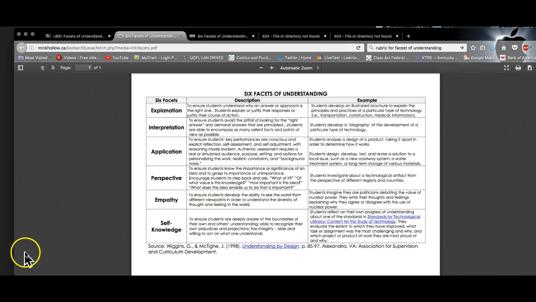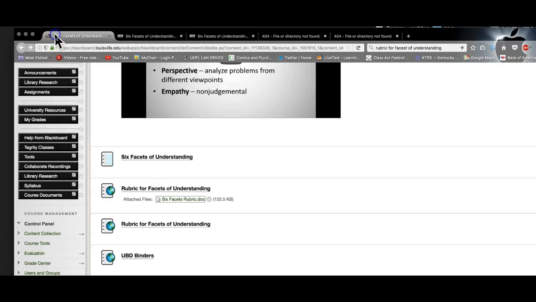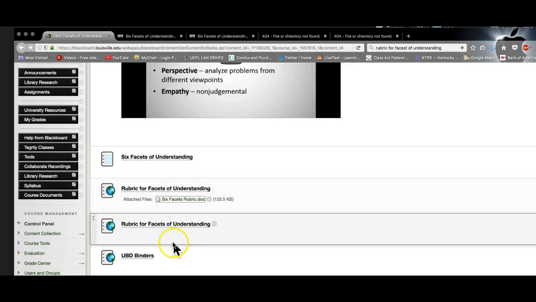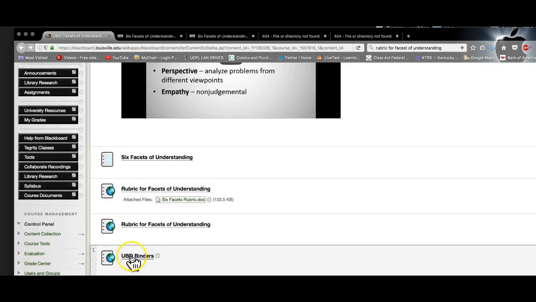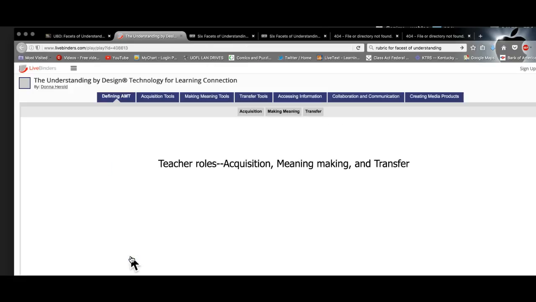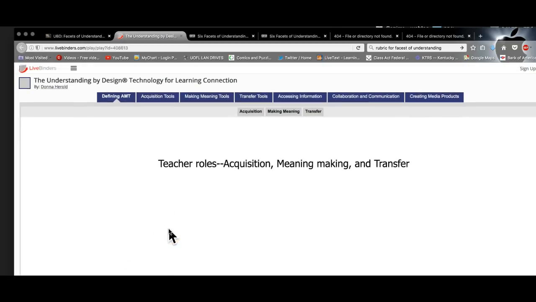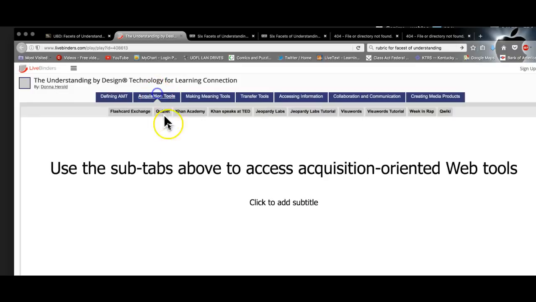Again, I apologize for the links not working there when I was trying to show them to you. This last one down here is UBD binders. This is everything you ever wanted to know about understanding by design in a binder setup.